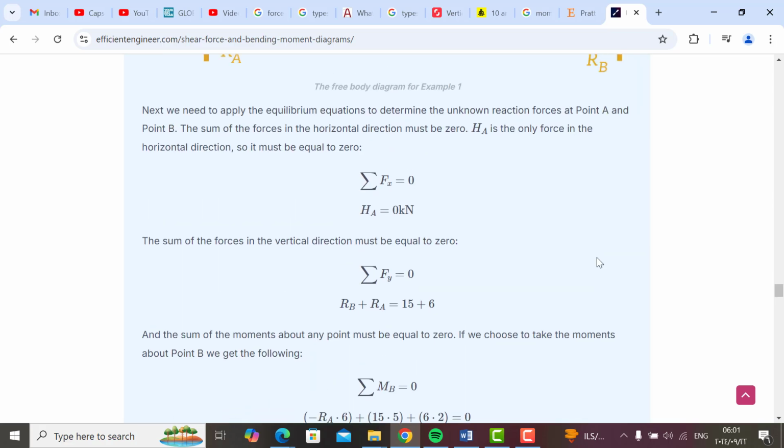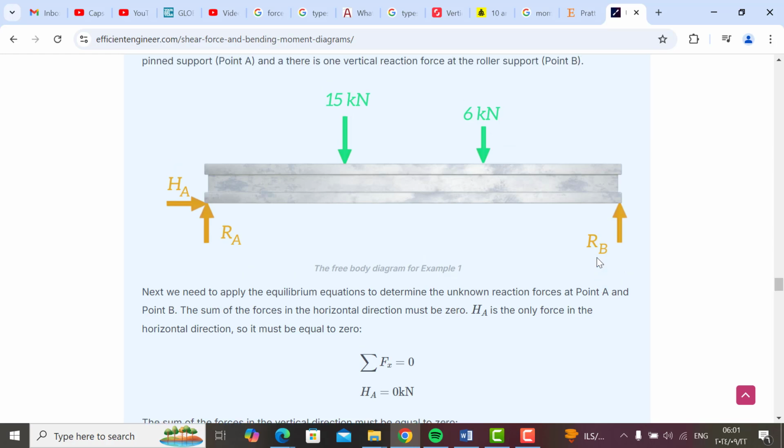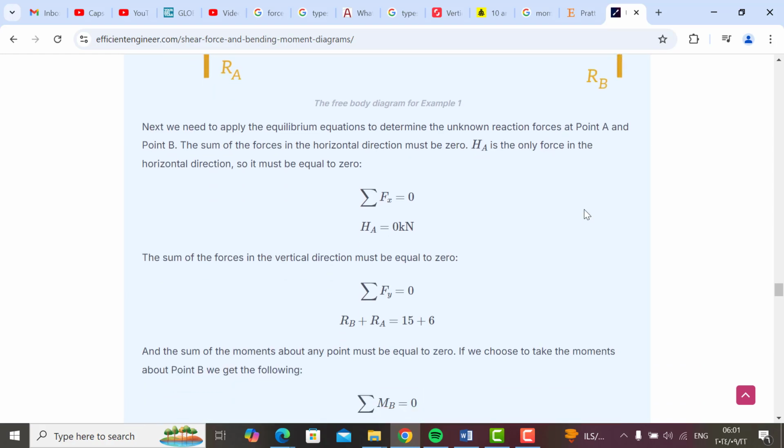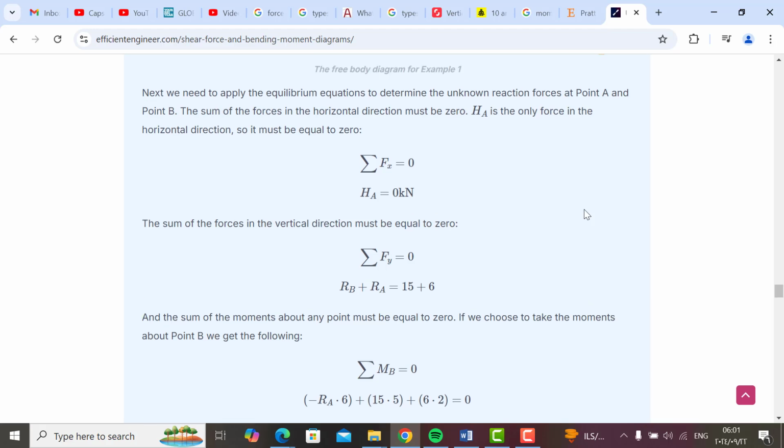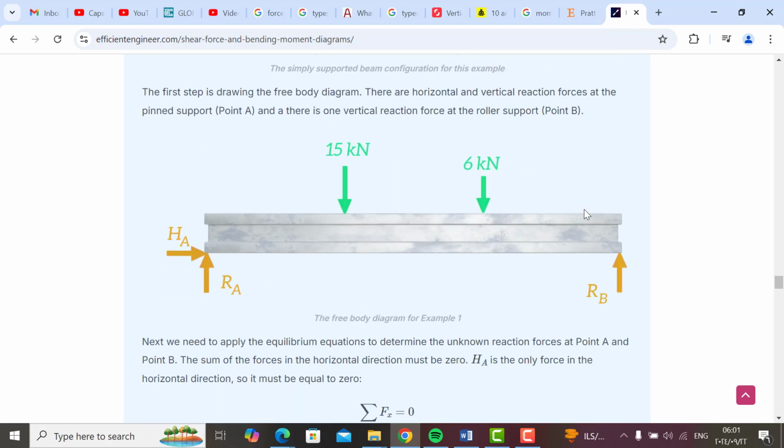We will calculate here 6 by 2, then 15 kilonewton by 5, and then we have RA minus RA by 6.